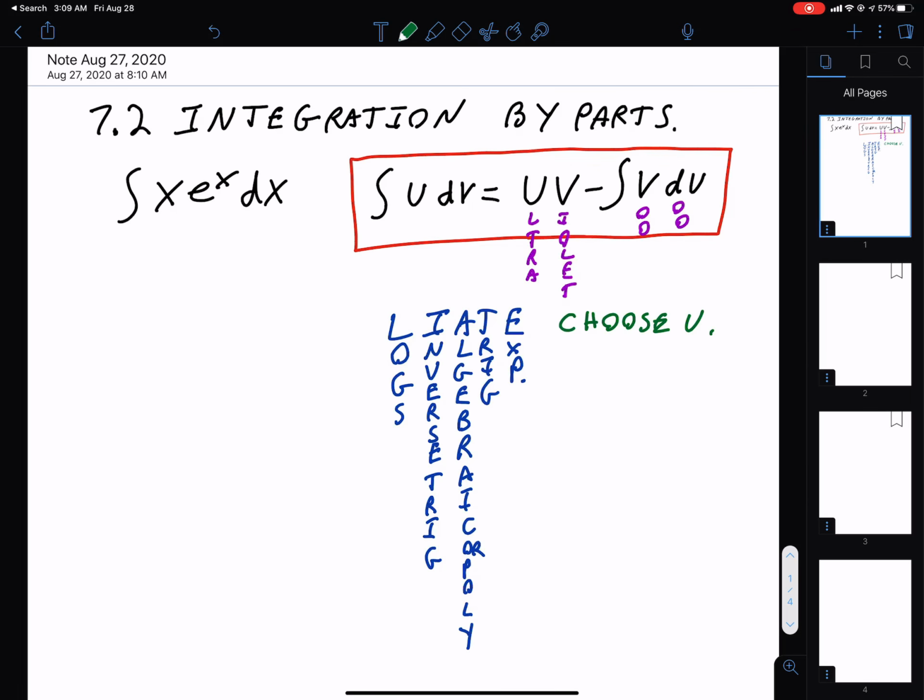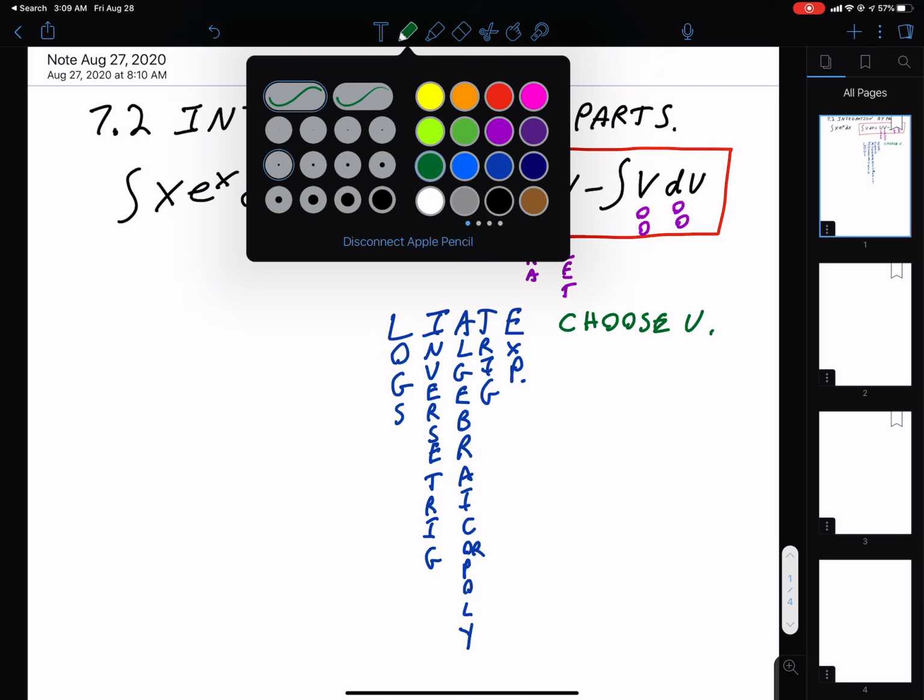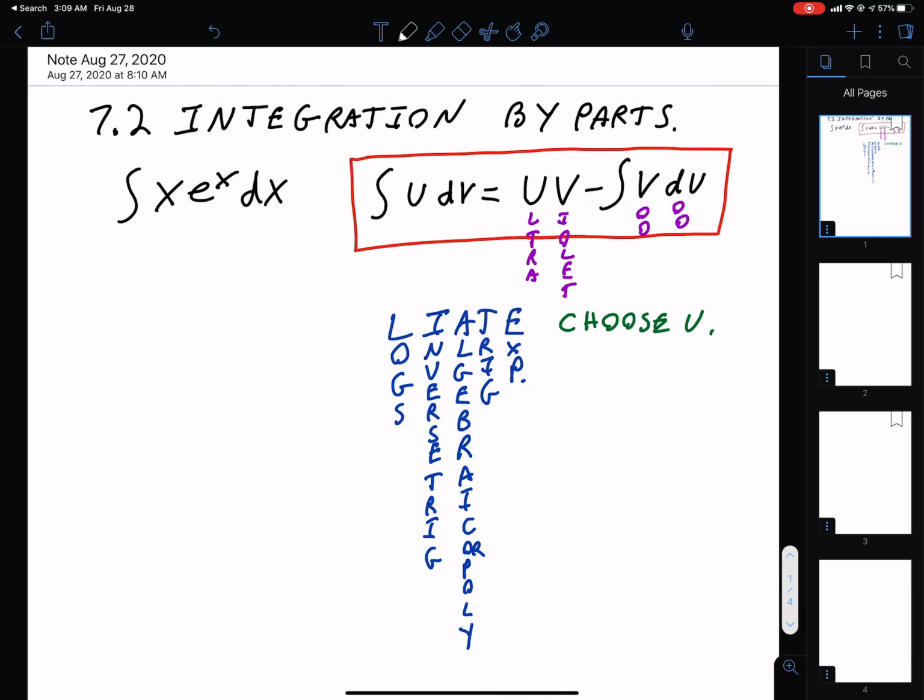So if we look at our example, the first one that we have down there, do we have any logs? So any log functions? No. Do we have any inverse trig functions? No. Do we have algebraic or polynomial? Yes. So we have an x. So our u is going to be x.